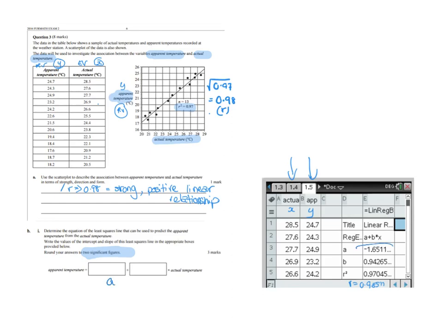Two significant is -1.7, because I'm looking at the 5, that's got to go up, and there's two significant. And for the actual temperature, for the gradient, you don't start counting until you get a non-zero number. So the 9 is the first, so it's 9.4. There's the two significant figures for that one.